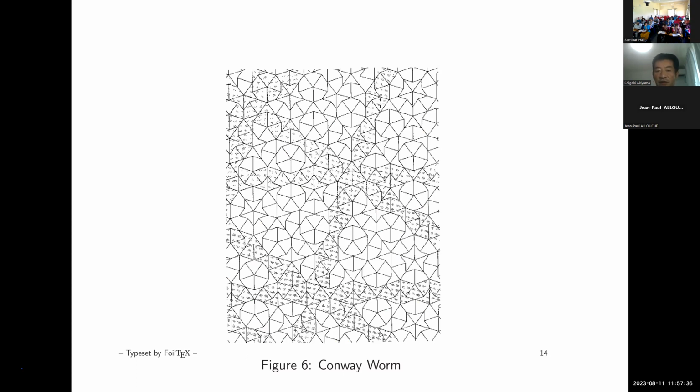In every Penrose tiling you have arbitrarily long worms, but not infinite ones. And surprisingly, if you make a coding on this line, this is a Sturmian sequence.